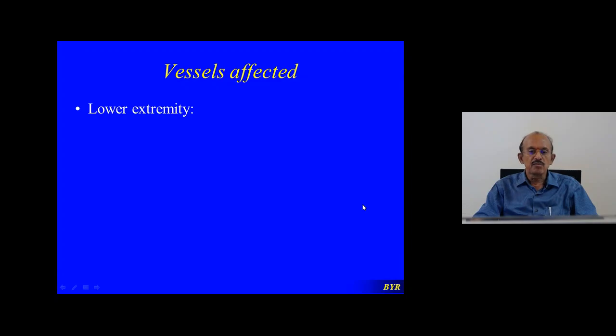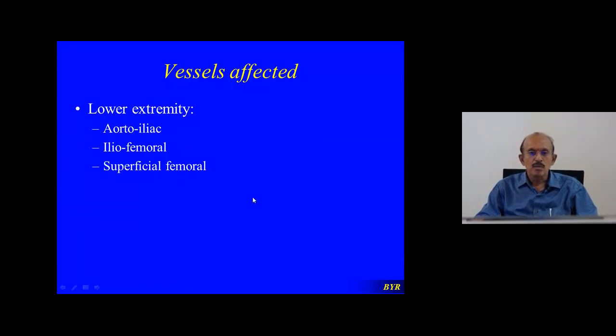The vessels affected in the lower extremity are the aortoiliac, iliofemoral, and superficial femoral arteries; arteries below the knee are not affected. So these are the commonly affected vessels in the lower extremity.